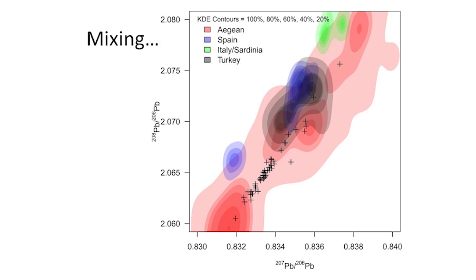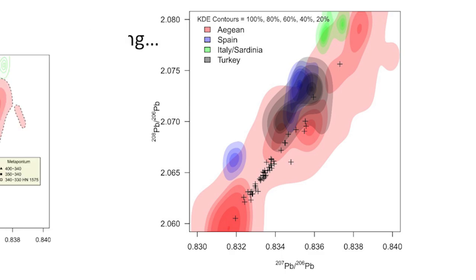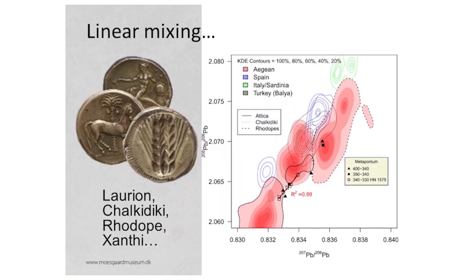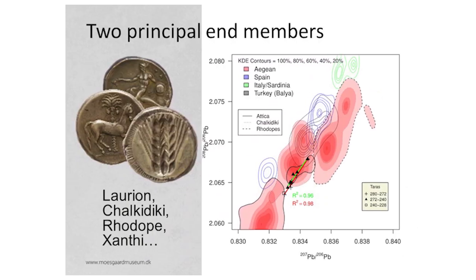Sometimes it's very straightforward. So this is earlier work. You can see this very linear line of points. And if we're looking at a specific coin series where you've got 4 or 5 of the same coin series, and you plot them, you think, they should be from the same source.